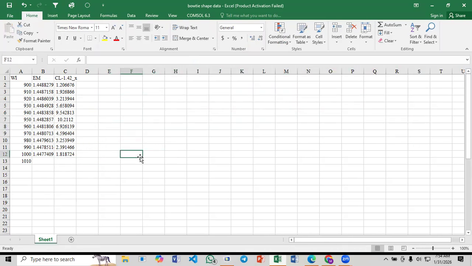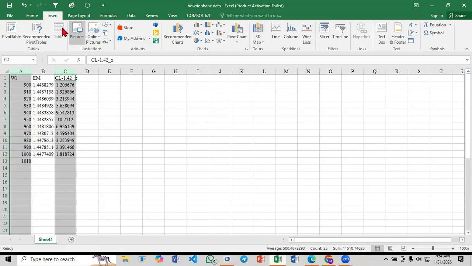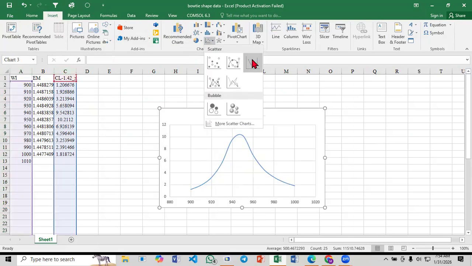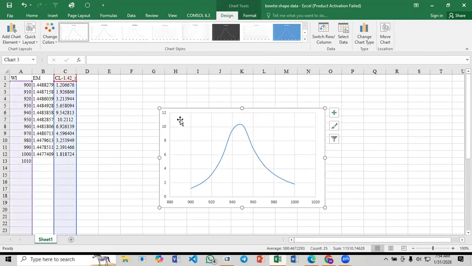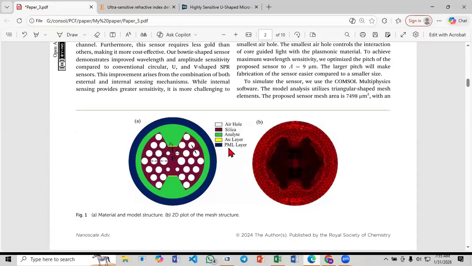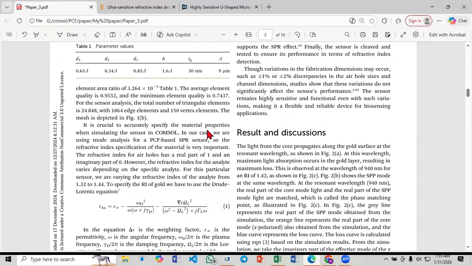Here you can see we can plot this curve. From here you have to choose this one, then it will get a good curve. So it's kind of similar to the paper, I think. Let me check.